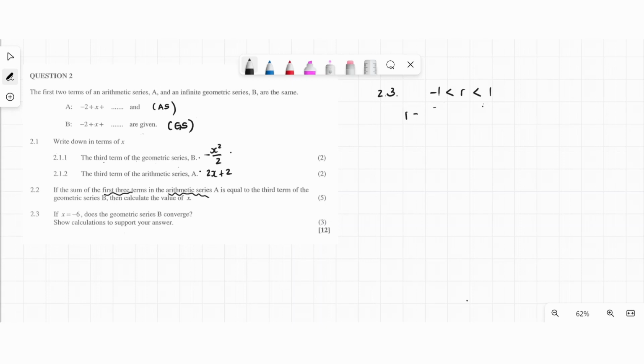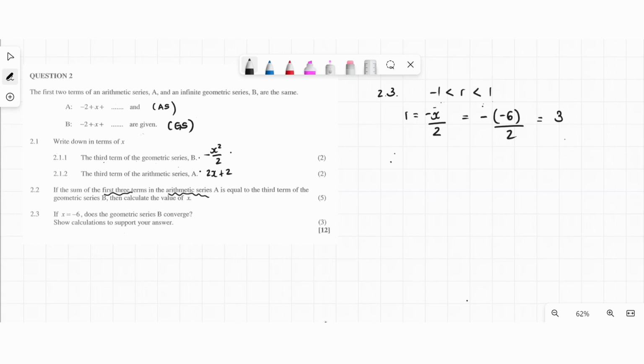So we know that r is equal to what? It's equal to negative x divided by what? Divided by 2. We know the fact that x is negative 6. So this is the same as negative, open bracket, negative 6, divided by 2, which is going to give me r as being positive 3. Is positive 3 between negative 1 and positive 1?